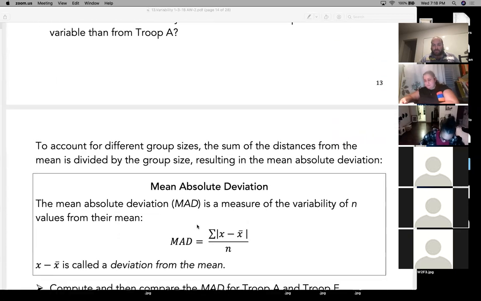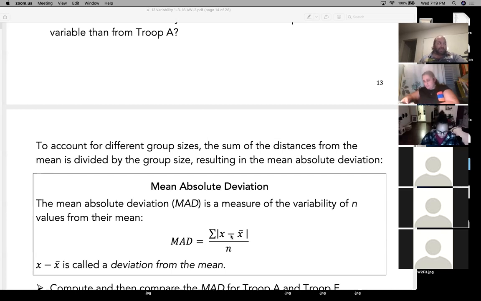That weird looking E, this is it, it means add. And then the absolute value of x minus x bar. So that whole thing is the sum of how far away each one is. It means add up how far each thing is from the mean. That's exactly what it is. Add up all the distances from the mean.